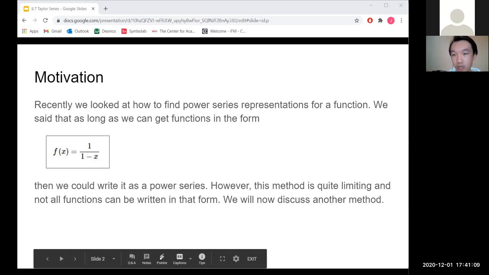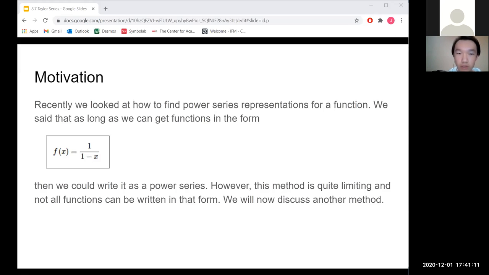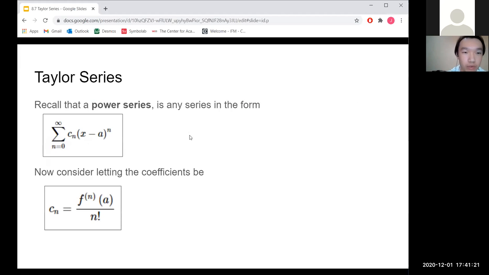But what happens if you're not able to write it in that form? Right? So this is where the Taylor series comes in. Okay, so going back to the notation for power series, this is the notation right here. It was the summation of C of n times x minus a to the nth power, right? So that's a power series.